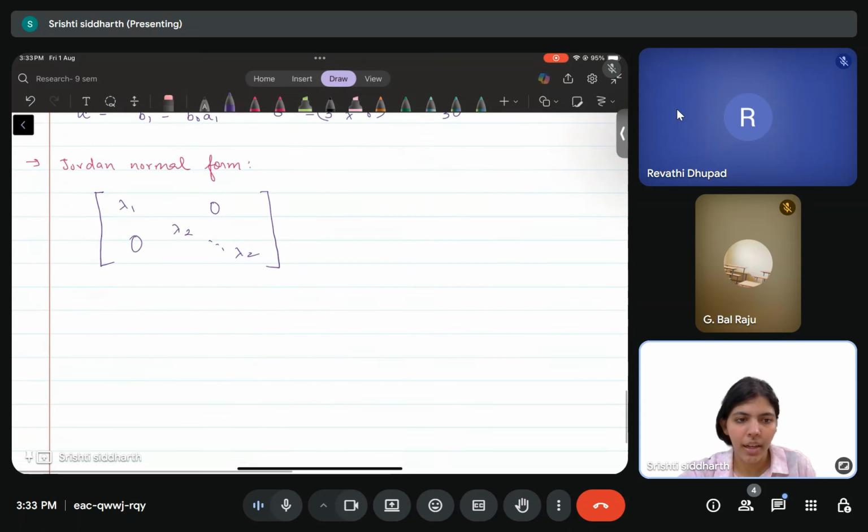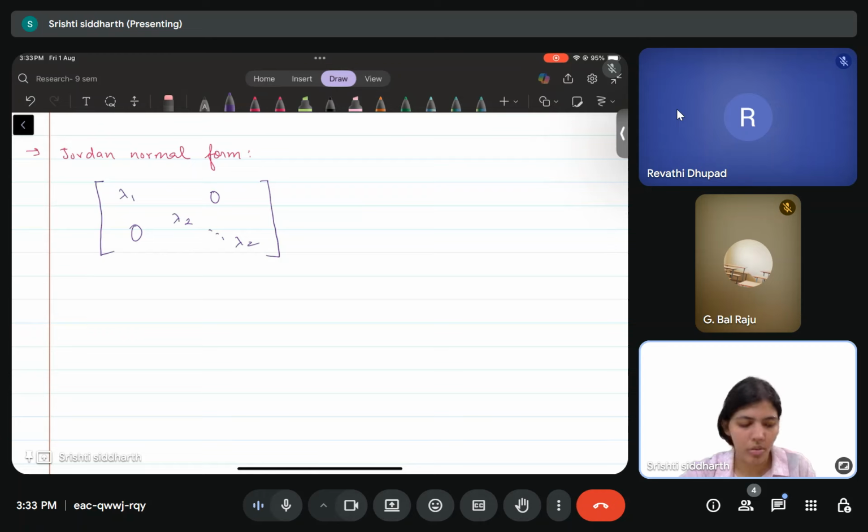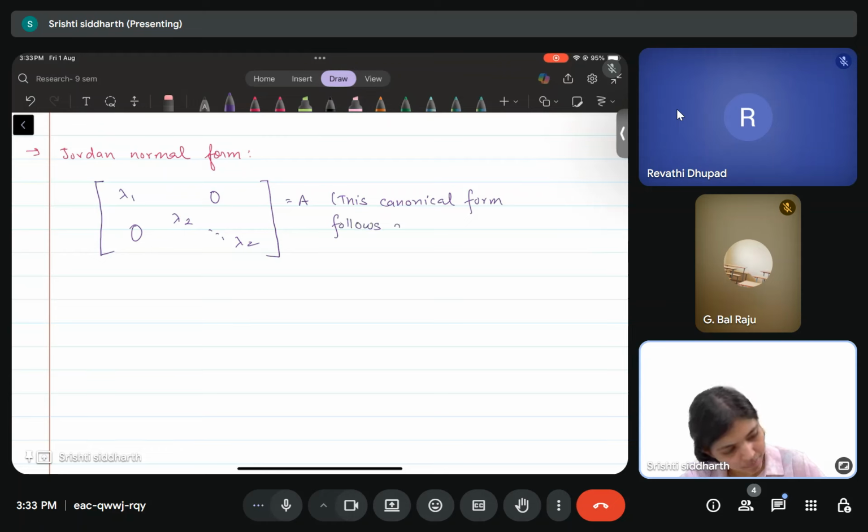And if you have multiple eigenvalues, then we'll see how the matrix A changes. So this canonical form goes directly from the partial fraction expansion of the transfer function.